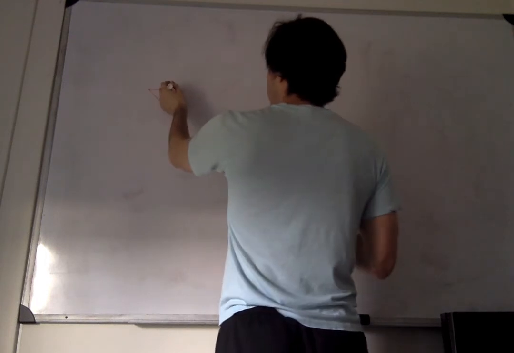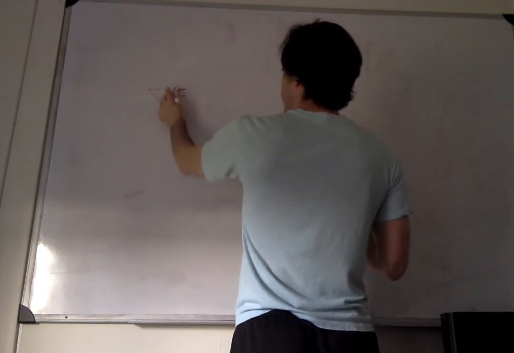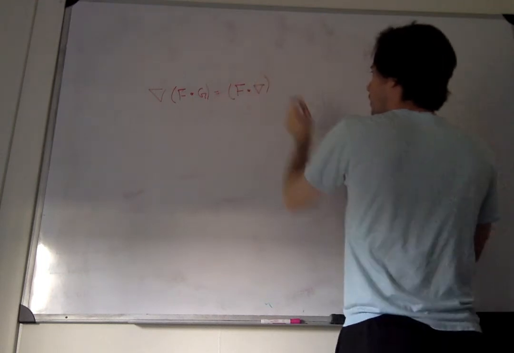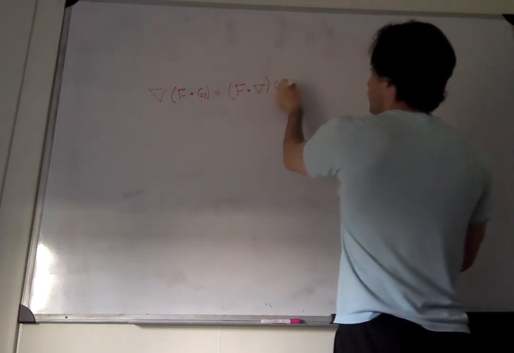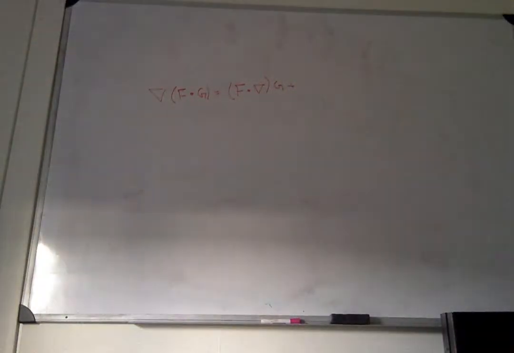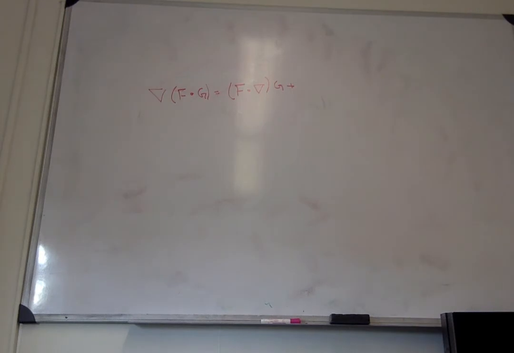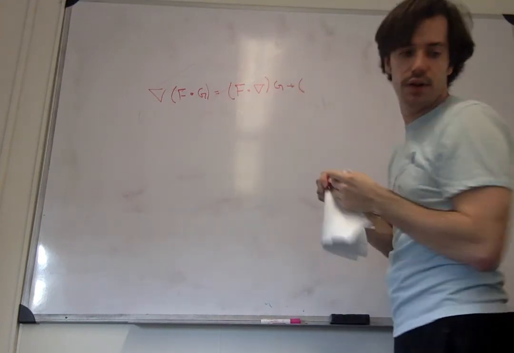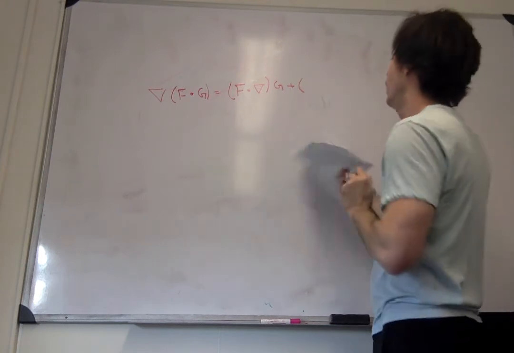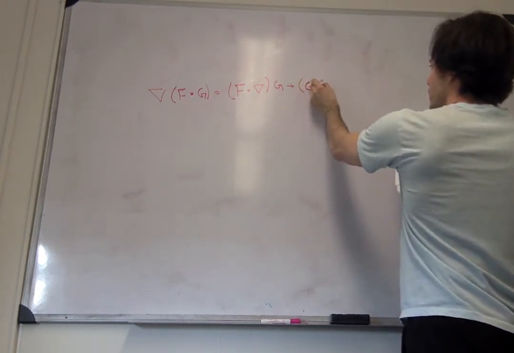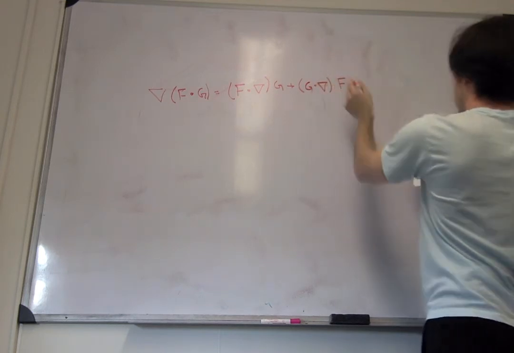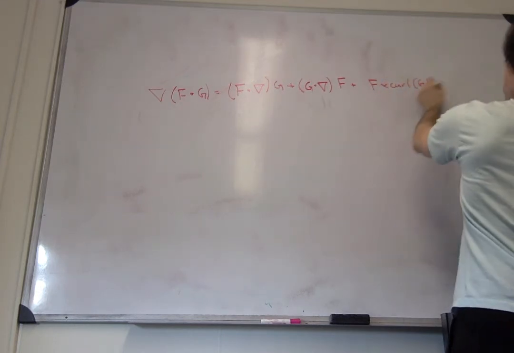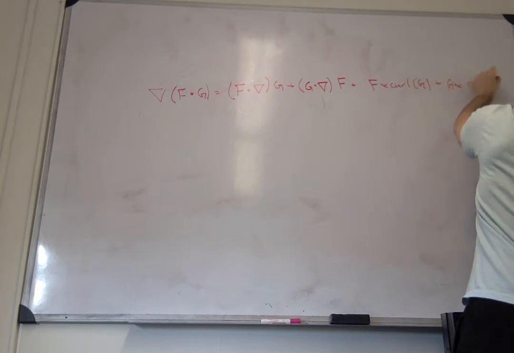Okay, so you have f dotted with g equals f dotted with nabla g plus g dot del f plus f cross the curl of g plus g cross the curl of f.